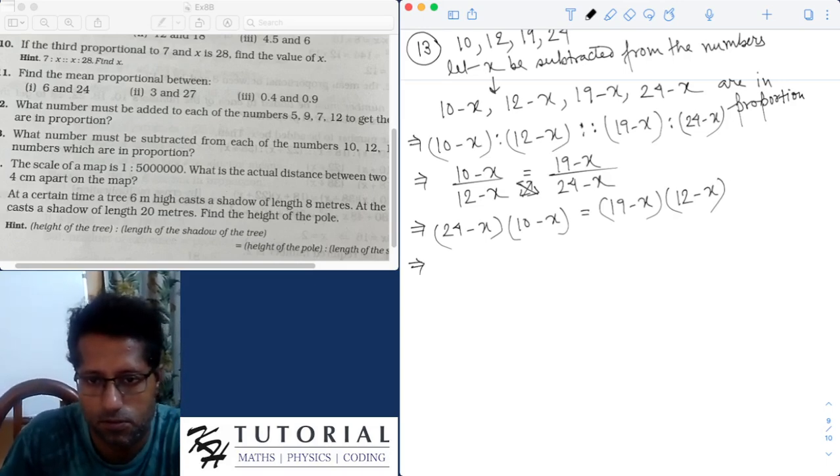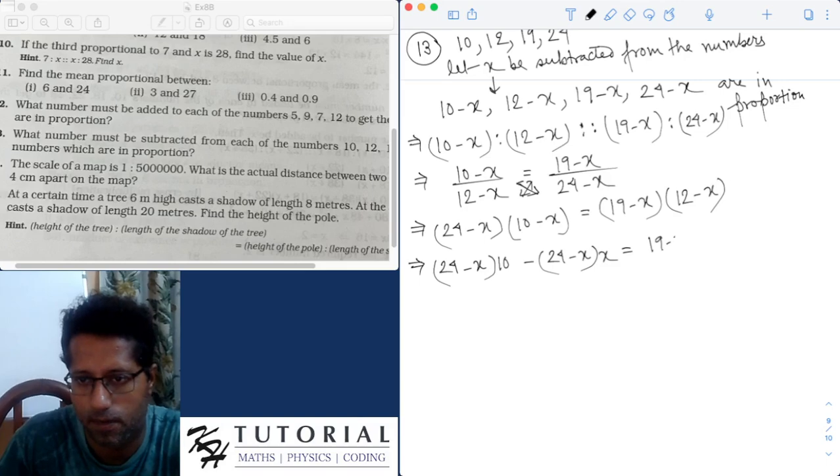So this becomes 24 minus x multiplied by 10 minus 24 minus x multiplied by x equals 19 minus x multiplied by 12 minus 19 minus x multiplied by x.